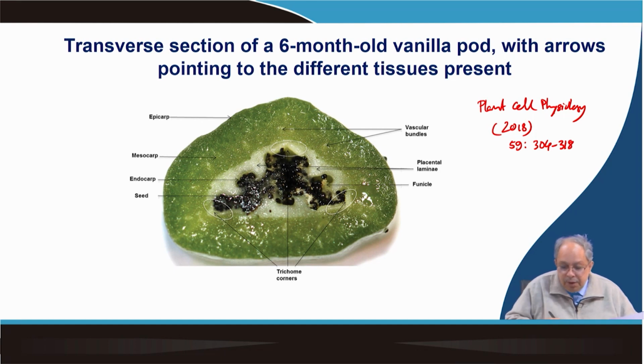So, here basically this is a cross section showing different parts of it. The mesocarp portion is very thick, and then an endocarp is inside, the white portion, and then there are seeds inside, and then placental tissues are also there, and then vascular tissues are also there.